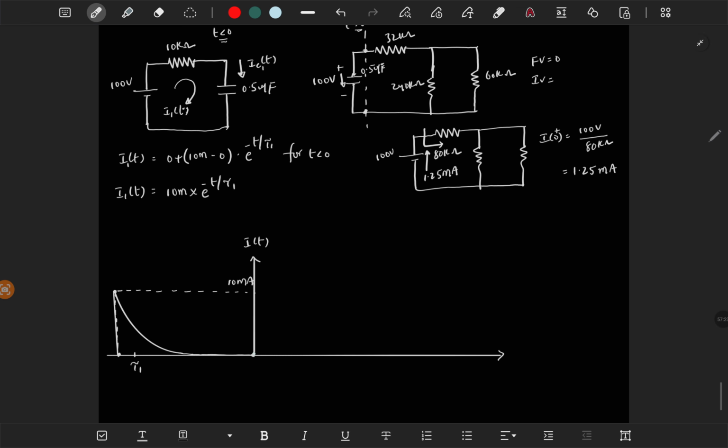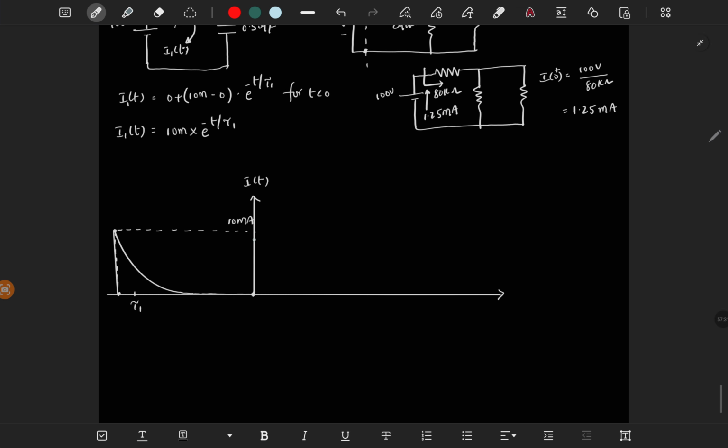So at t is equal to 0, we have 0 amps, and then immediately it is going to 1.25 milliamps in the opposite direction, so it is going to minus 1.25 milliamps, since it is a capacitor, right? It allows sudden changes in the current, and finally it is going to 0, and this is tau 2, and this is 5 tau 2. So this is how the current waveform looks.